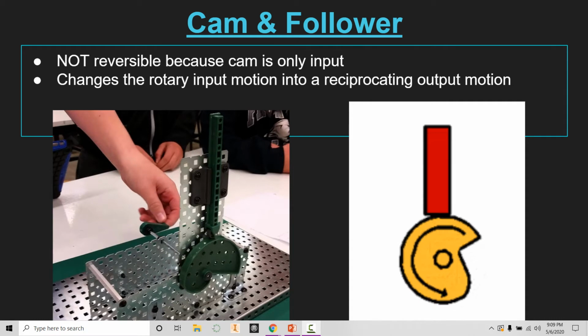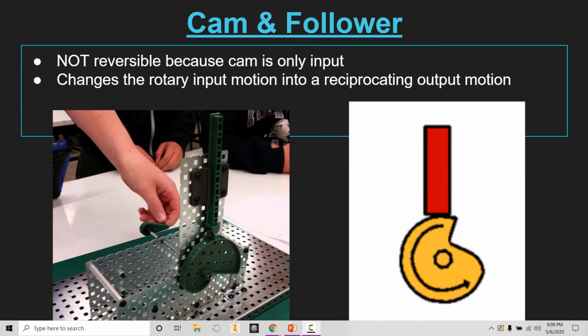The other thing with this one is that not only is this system not reversible because we can't change our input and output, but it also is directionally not able to be reversed. All of our other systems, we could have directionally reversed it. So that one we could have turned to the left or we could have turned to the right.